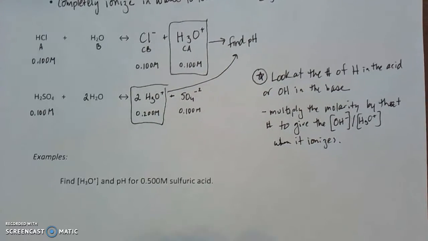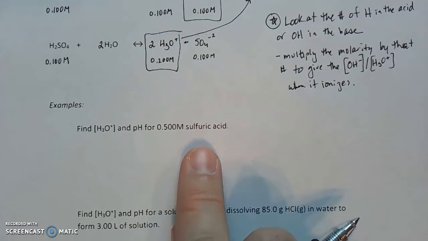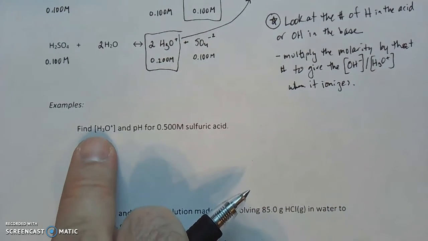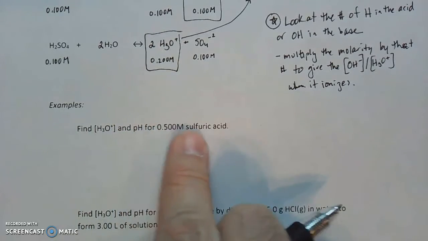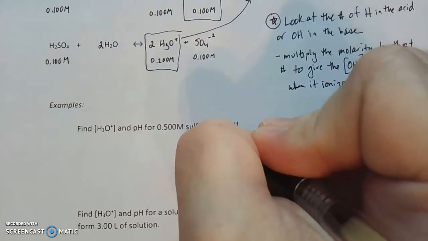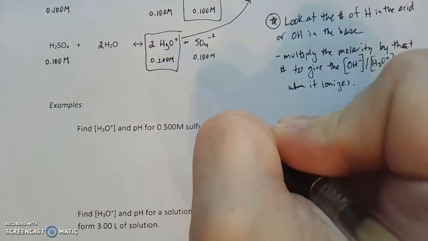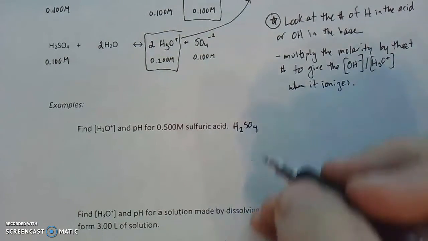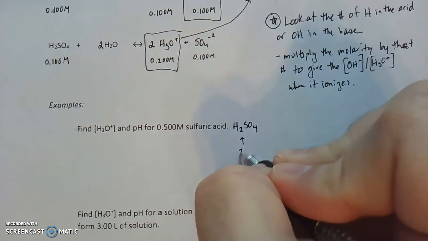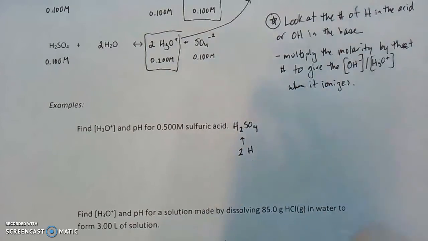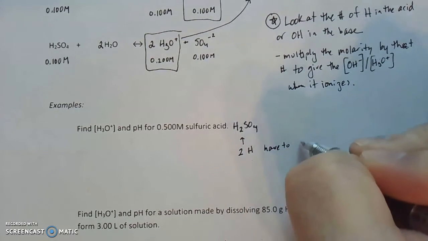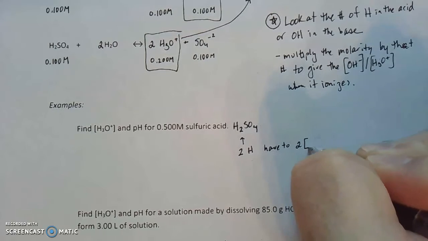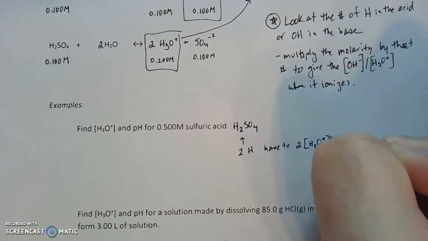So if we look at our first example here, find the H3O plus concentration and pH for 0.500 molar sulfuric acid. Sulfuric acid is H2SO4. So this has 2 H, so that means that we have to multiply the molarity of H3O plus by 2.